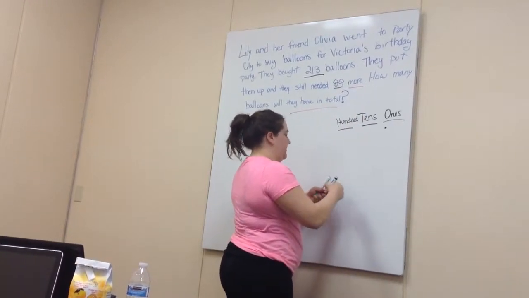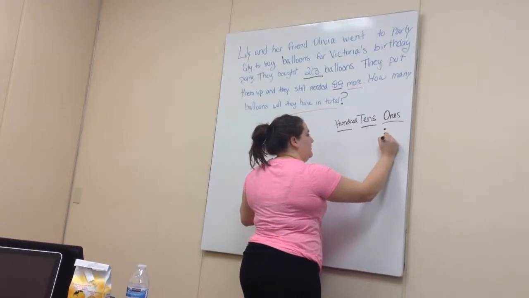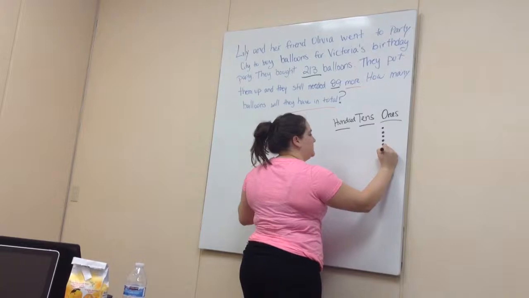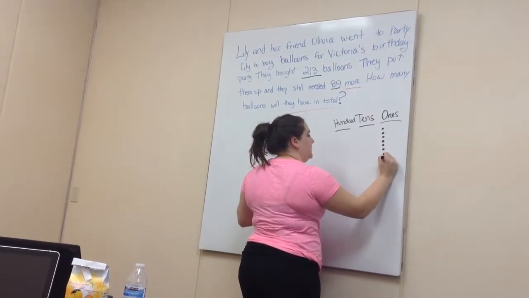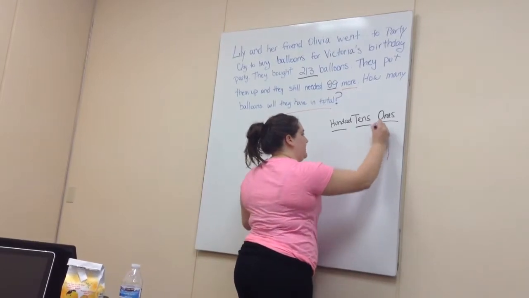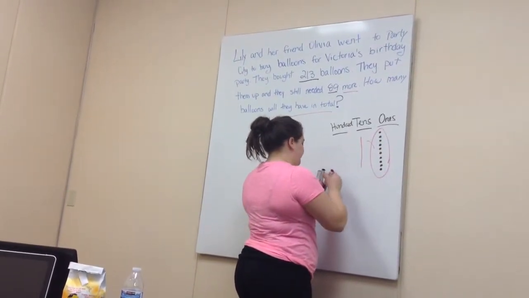So you're going to have 10: 1, 2, 3, 4, 5, 6, 7, 8, 9, 10. Now what that tells us is that when we have 10 ones, we regroup them and that makes a rod.